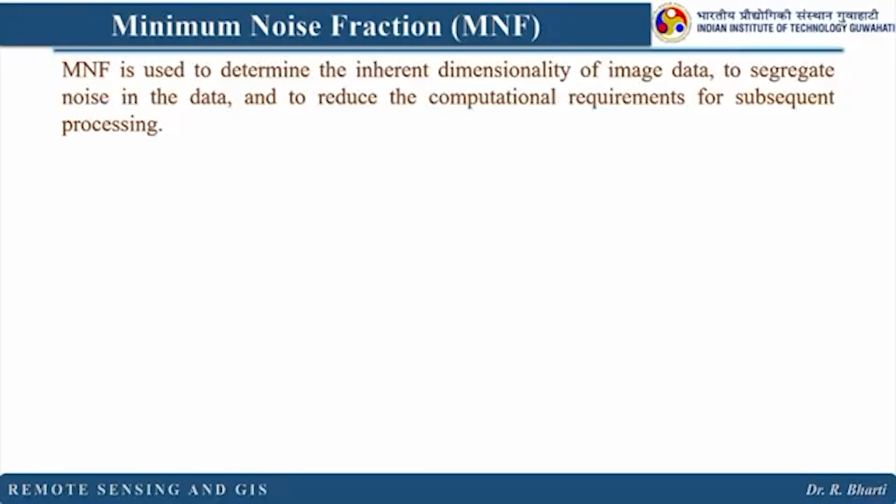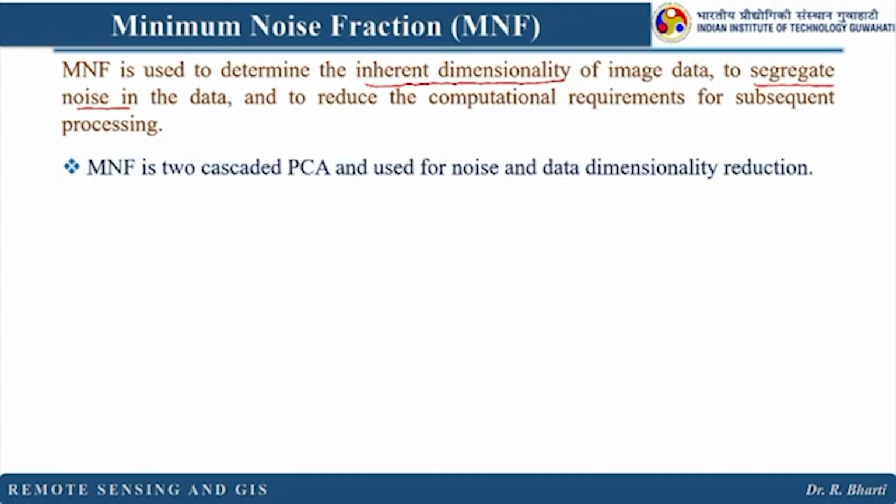So here these two terms are very important. First one is to identify inherent dimensionality and second one is to segregate noise from the data. So these two things we are going to perform when we are talking about MNF, minimum noise fraction.